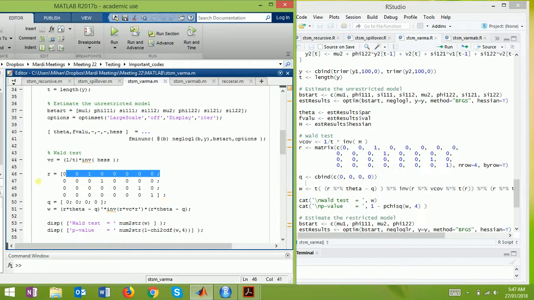So you see, first parameters are mu1, phi1, phi1 in equation 1, phi1 in equation 2, then psi1, psi2, psi1 in equation 1, psi2 in equation 1, psi1 in equation 2, psi2 in equation 2.